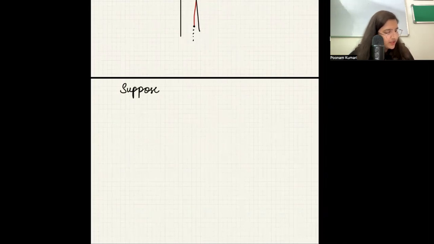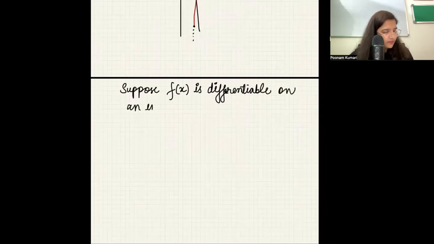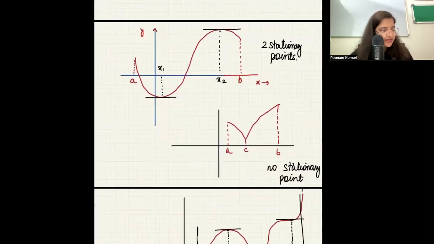Suppose you have a function f. Suppose f(x) is differentiable, that is, you have a function which is differentiable on an interval I. So you will not see a situation like this.